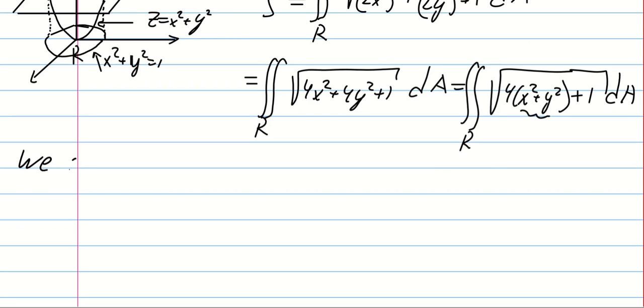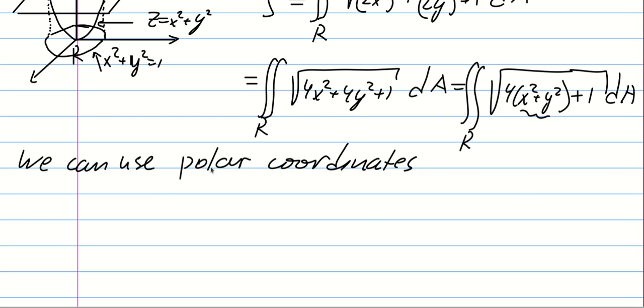So we can use polar coordinates. We can say x is r cosine theta, and y is r sine theta.